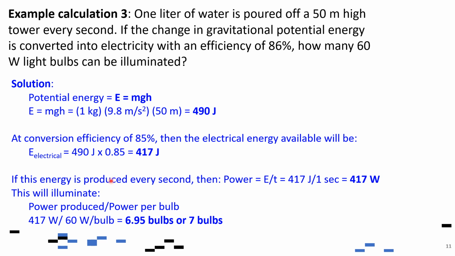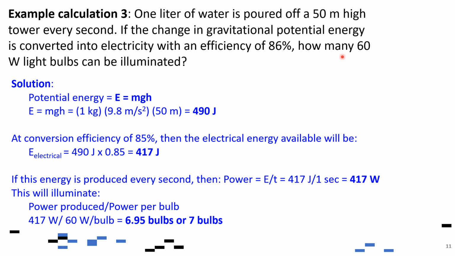If this energy is produced every second, as mentioned here, then 417 joules per second becomes the power. So with 1 second, it becomes 417 watts. We have the final power output for this problem.